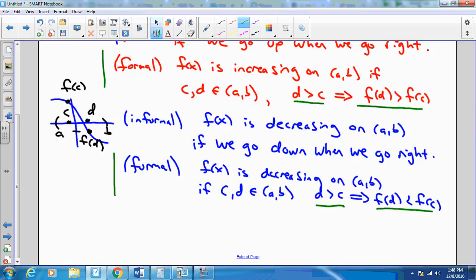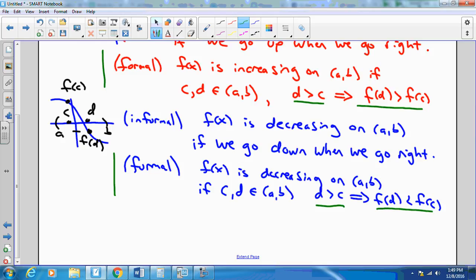Yes, sir. Well, no, there's another possibility actually, right? So if d is bigger than c, it could be that f of d equals f of c. And that would be a constant function. And there's even a fourth possibility, which is yuckier than that, and that is that it could be that for some c and d, if d is bigger than c, then f of d is bigger than f of c, and for other d's and c's, it would be the other.